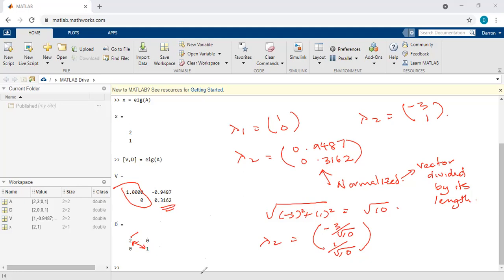If you use MATLAB and get that value, how would I get back to the one that we worked out? You won't. Just looking at the numbers, if you divide 0.9487 by 0.3162, it carries back to what we got.